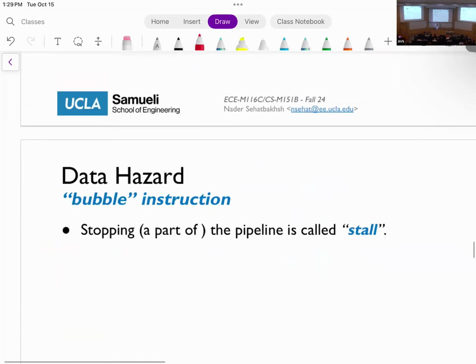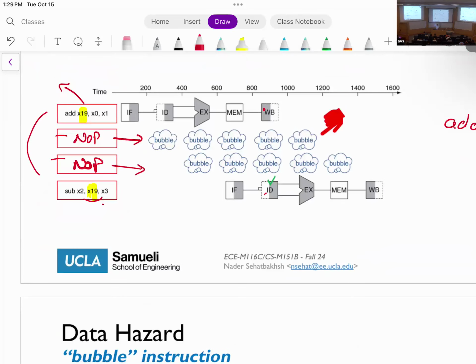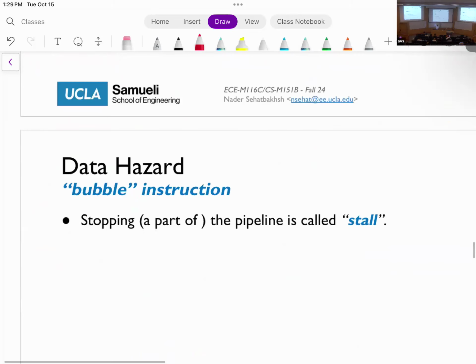All right. So what is this bubble and how do we implement it in hardware? Instead of feeding this no-op all the way through, we're going to combine this with what we call stalling the processor. Feeding the bubble into the processor consumes power, and that's not what you want if you want your design to be power efficient.